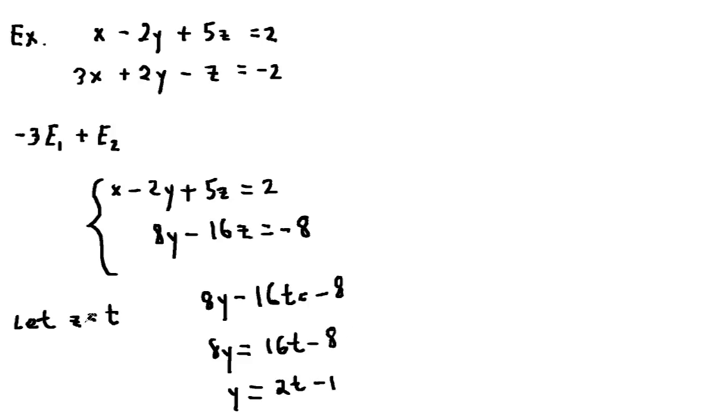Okay, so we already have z, we have y, and now we want to solve for x. So let's use that first equation here and plug in what we got for y. That was 2t minus 1. Z was t, so let's plug that in here. Okay, and simplify.